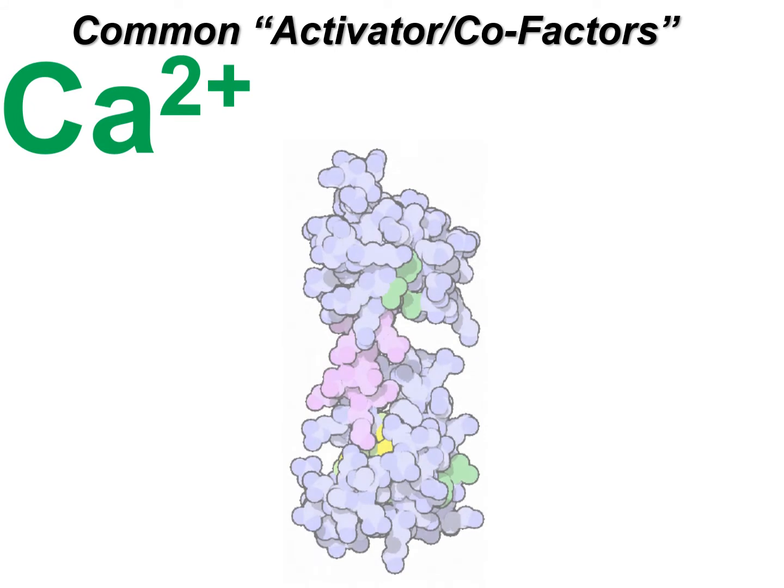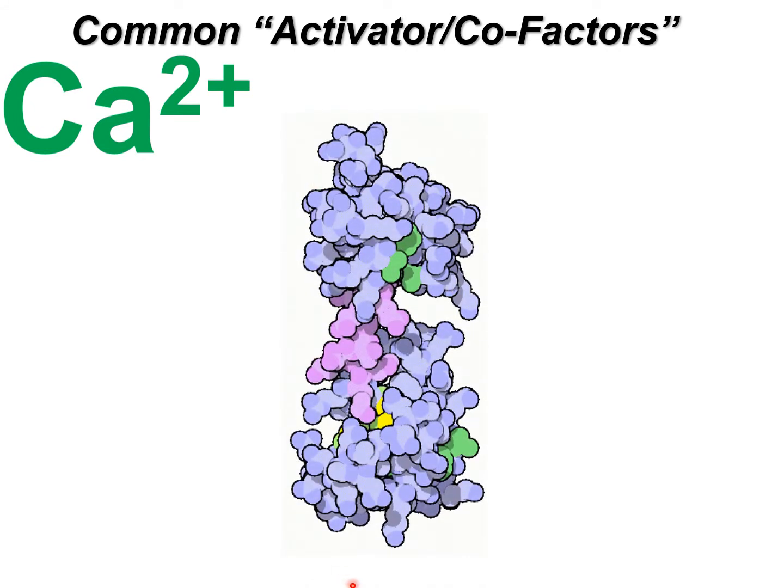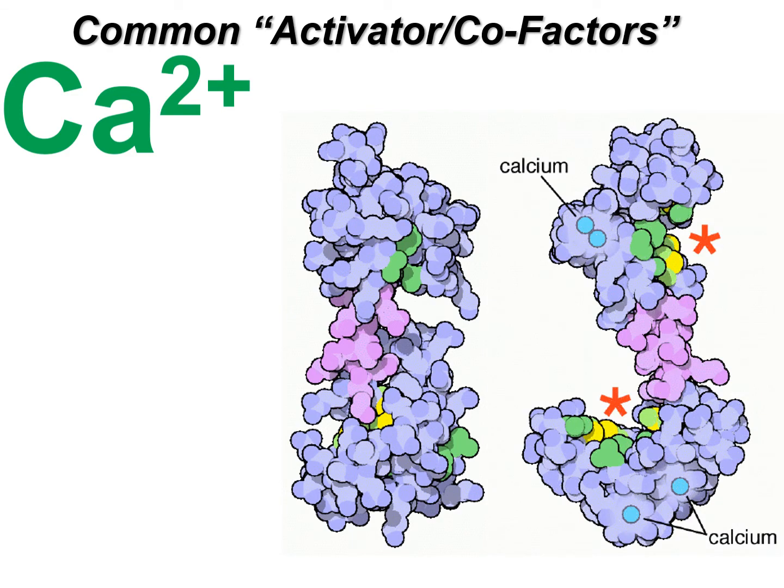So let's look at calcium and show you what I mean. So let's say we have a protein here. It's got a given shape and so forth. And it's sensitive to calcium, and so calcium comes along and you see the calcium binding to the protein in a non-covalent fashion. Changes the structure. Now it looks like a fish hook or a letter J, whereas this one looks more like a letter E or something.